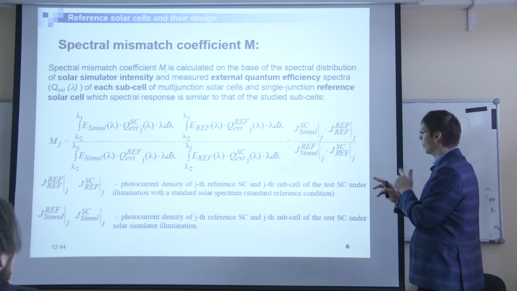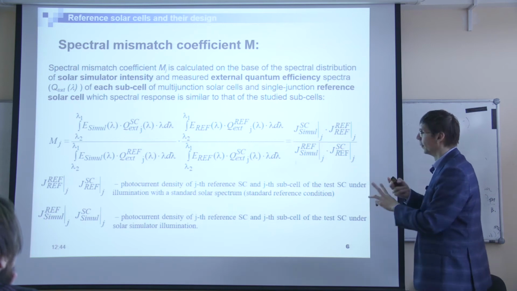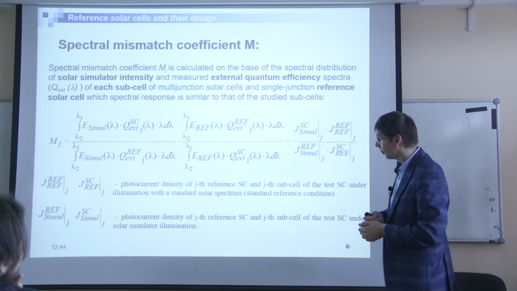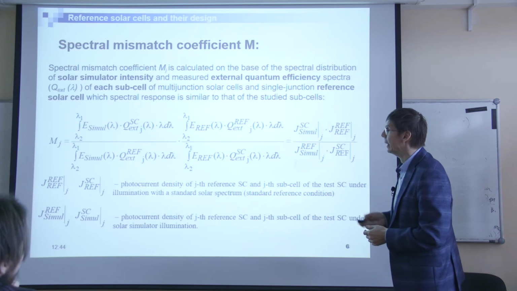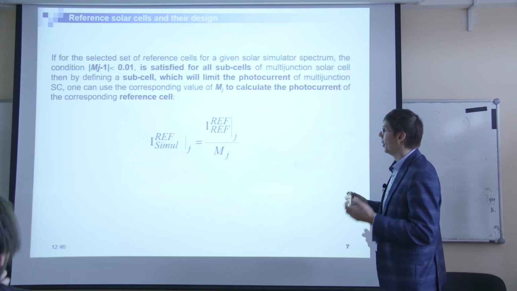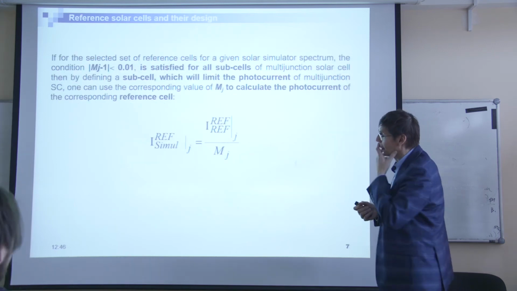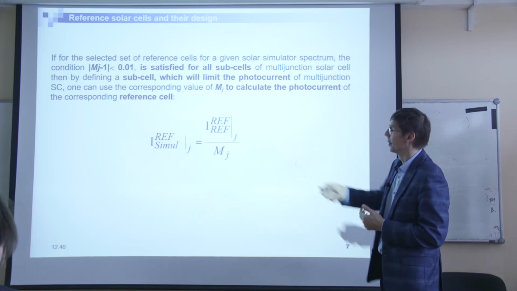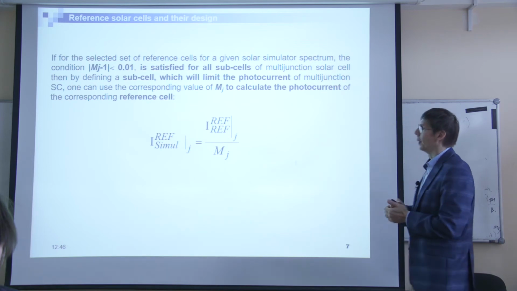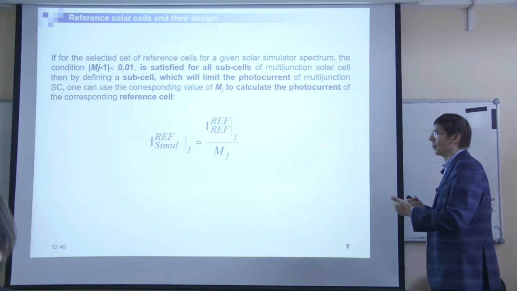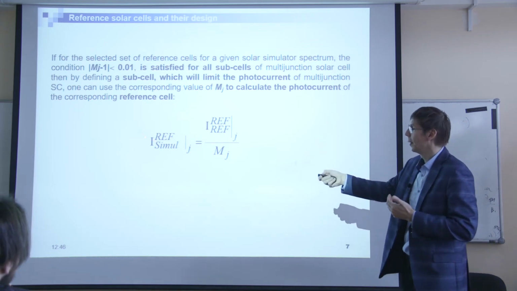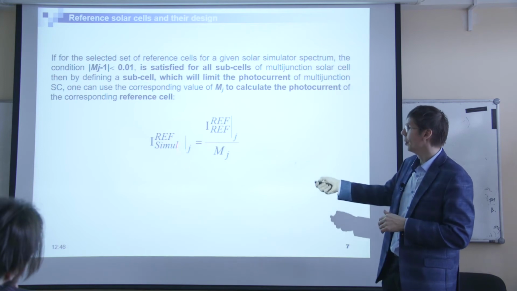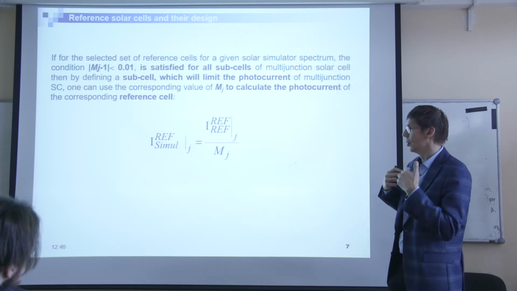So you see the cross of the relation, and then you can simply estimate the intensity, so you know the intensity of the reference solar cell and the simulator for each junction.